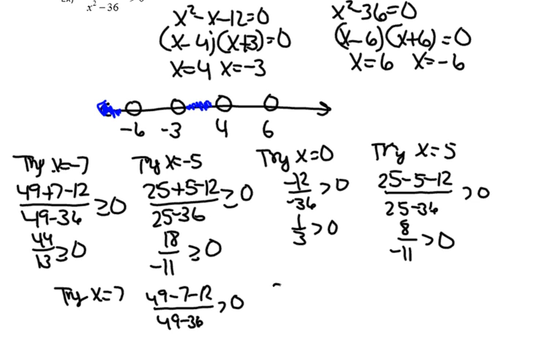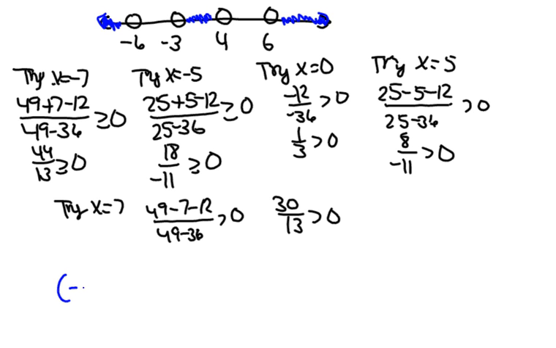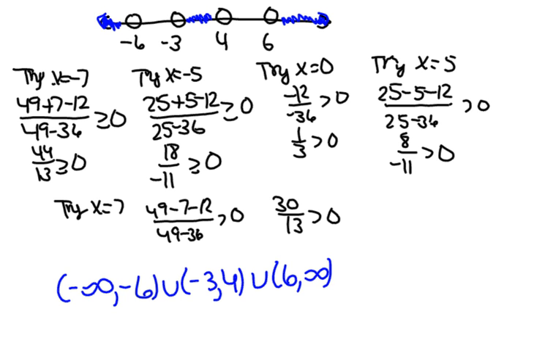So that's going to be what, 30 over 13, and that is greater than 0. Okay. So I can shade this last interval in. So my last step now is to write this in interval notation. So any number that is in any of these intervals will make that inequality a true statement.